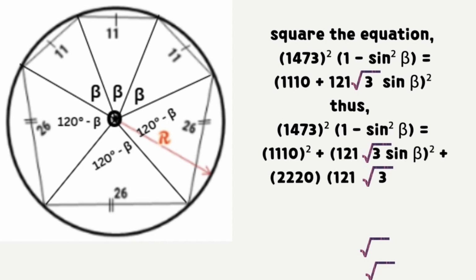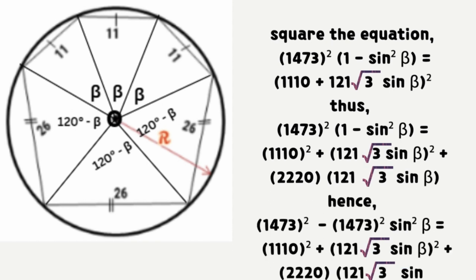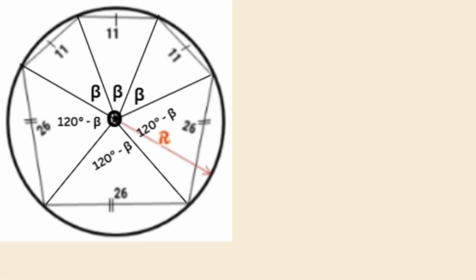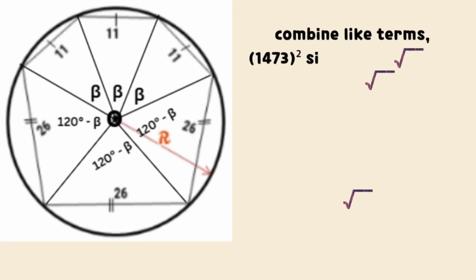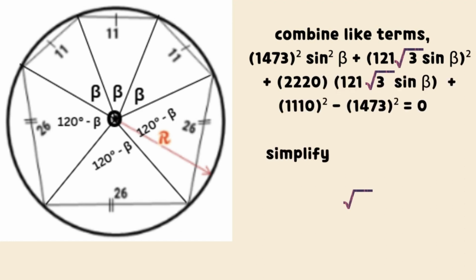Square the equation, expand the brackets and multiply out the terms with their outside common factors, respectively. Combine like terms, rearrange all terms on one side of the equation.